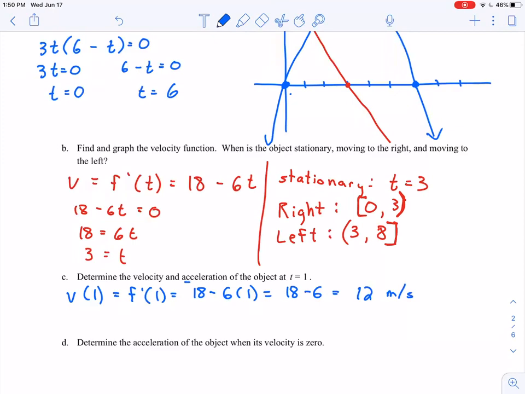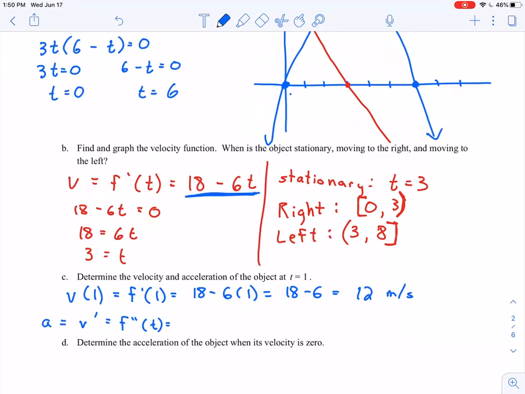Now I want to determine the acceleration of the object at t equals 1, which means I need to find the acceleration function. So if I want to find the acceleration function, that's the derivative of velocity, or the second derivative of position. So in this case, derivative of 18 minus 6t, I'm looking up here.